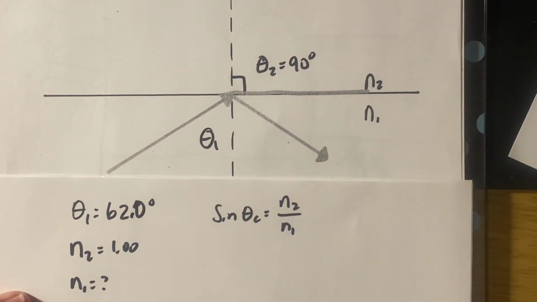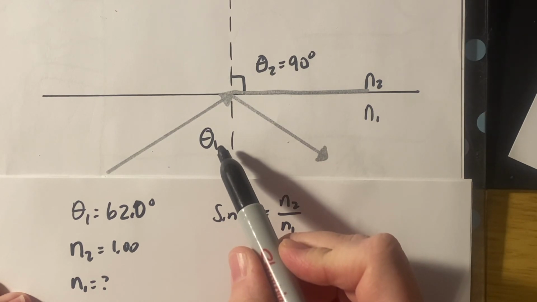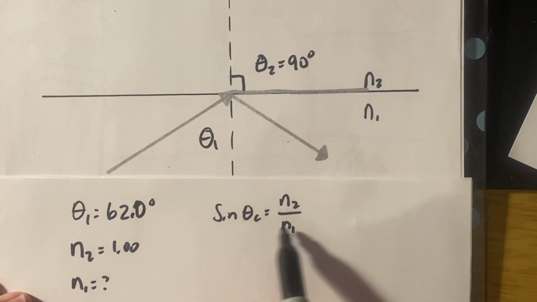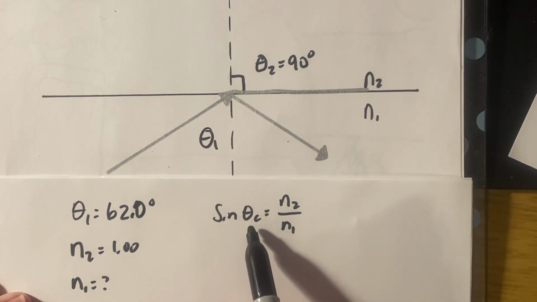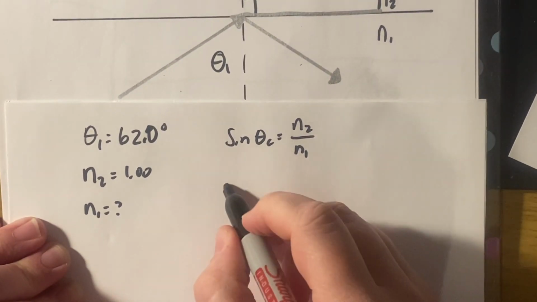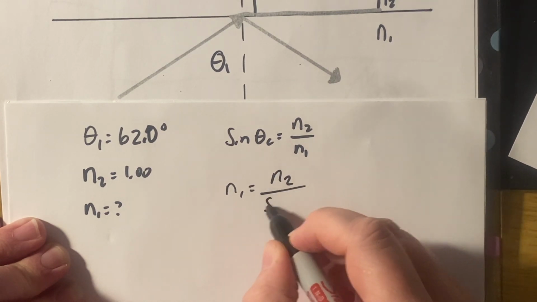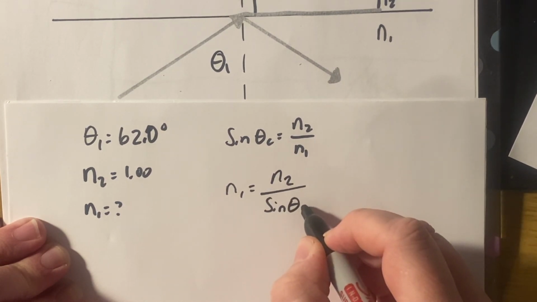In this next situation, we know what the critical angle is, and we're going to be having it exit out to air. And so we can use the equation that the sine of our critical angle is equal to N2 over N1, and we know what those values are. And so we can say that N1 is equal to N2 over the sine of our critical angle.